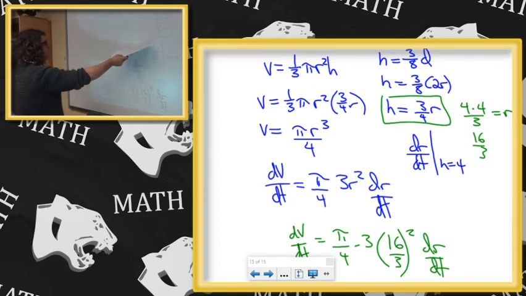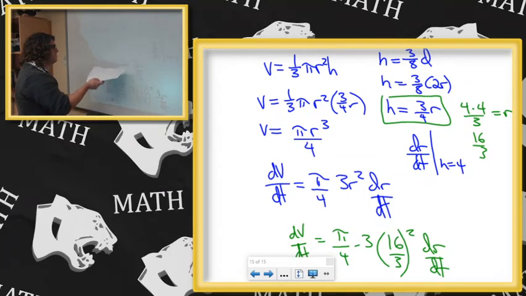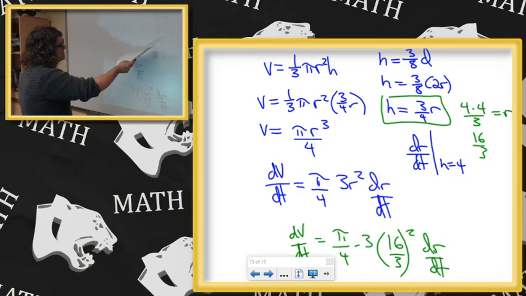So 3/4 r, cancel the 3's and we get pi r cubed over 4. That looks fine. So the derivative of that is pi over 4. The 3 comes down, r squared times the derivative of the inside, which is dr by dt. That seems okay. If the height is 4, then it's 16 over 3 for the radius.